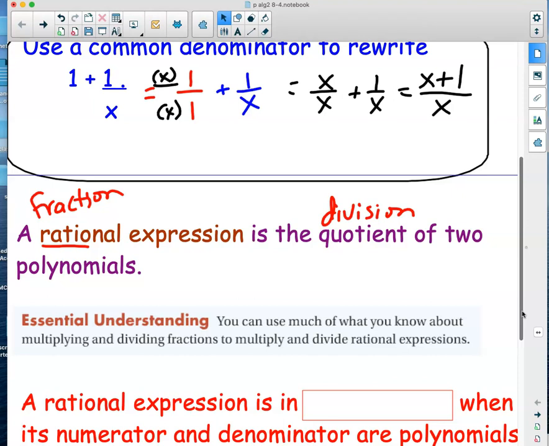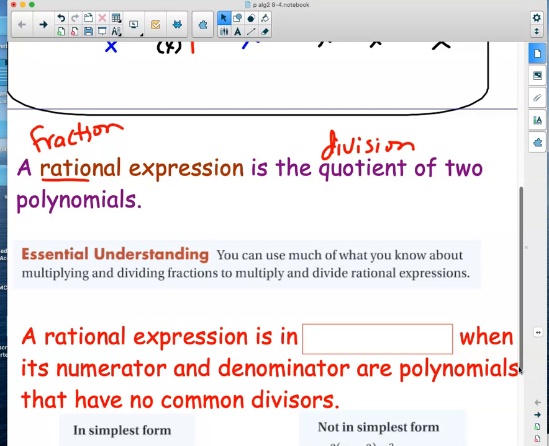That's what fractions represent. 3/4 is the same thing as 3 divided by 4 on a calculator. So quotient is division. Our essential understanding is it's easier to work with multiplication and division with fractions than it is to add and subtract. We can use much of what we already know about multiplying and dividing fractions and divide rational expressions.